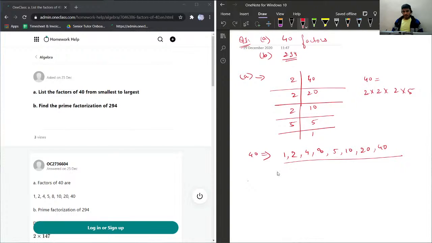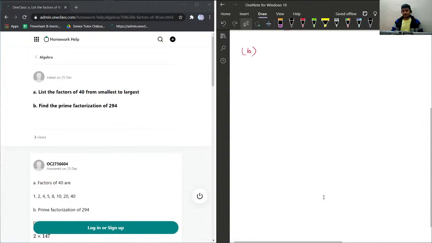So I'll go for the B part. For the B part we need to do the prime factorization of 294. We'll do it in a similar fashion. I'll scroll this page and write 294. This will be 2 1s are 2, 2 4s are 8, and 14 will be 2 7s.